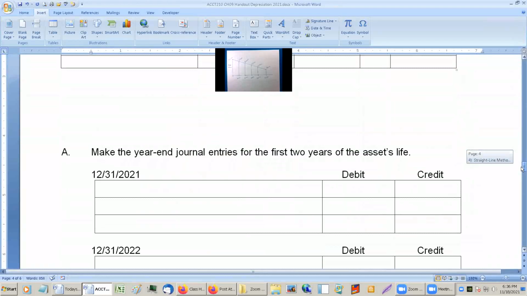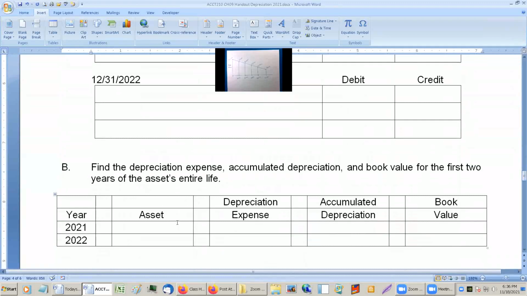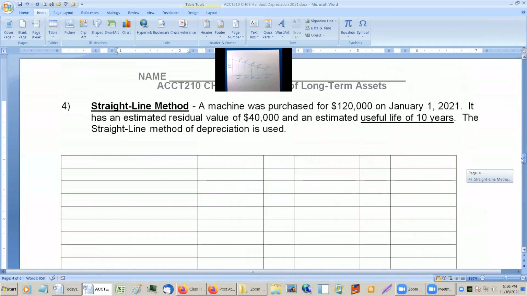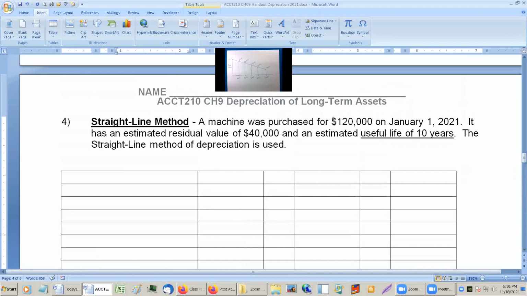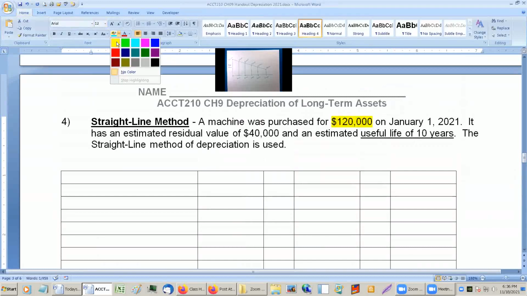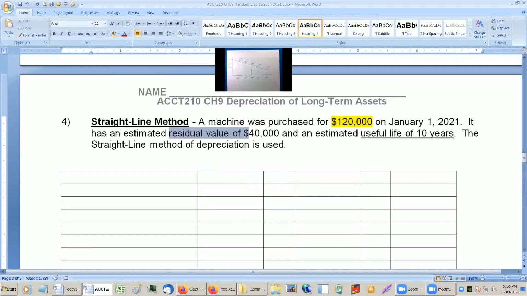We're not going to do 10 years; let's do the first couple of years. We could do 10 years, but it would be a little bit tedious. All this is similar to what's on the previous page. Numbers are changed.